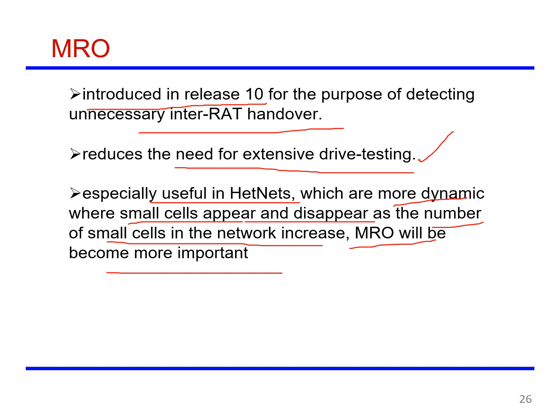When the number of cells is more, obviously the number of handovers is more, and manual intervention will be a difficult and time consuming process. If you automate that process through MRO, it will improve the system performance.